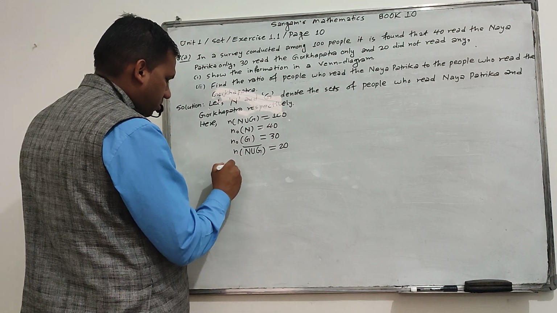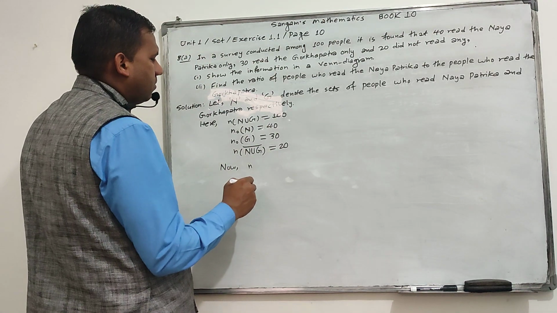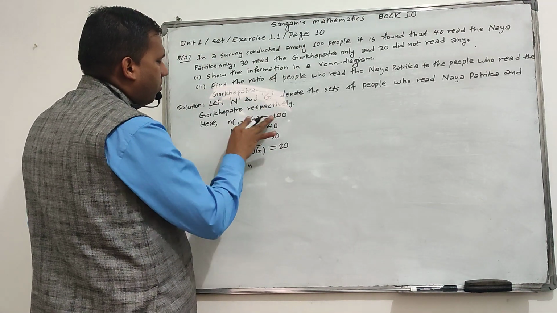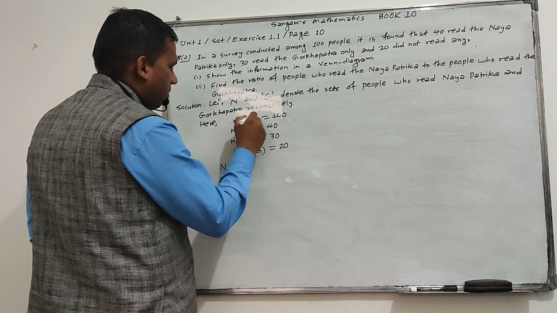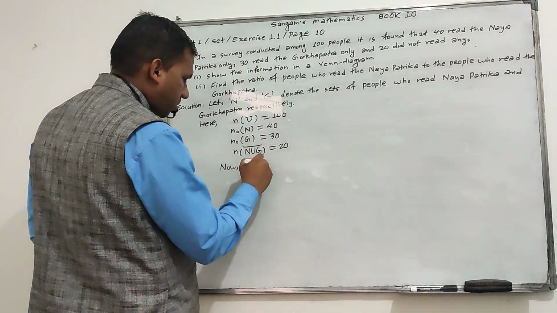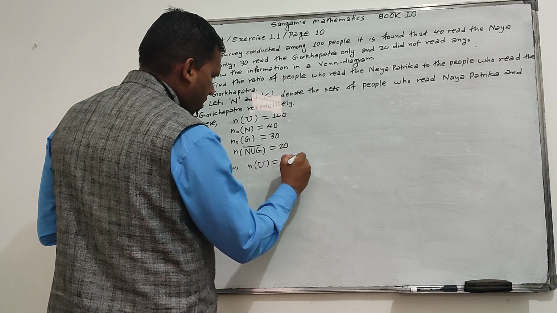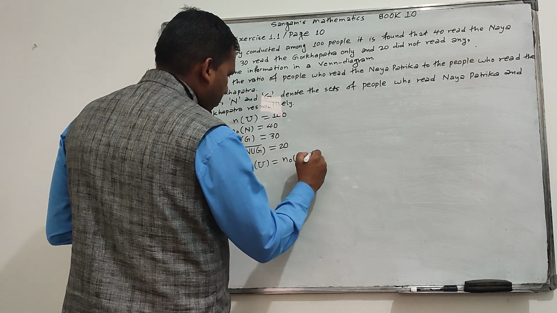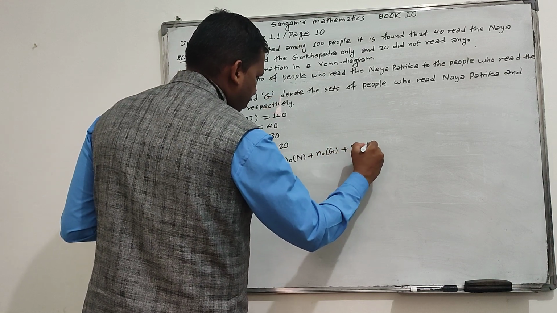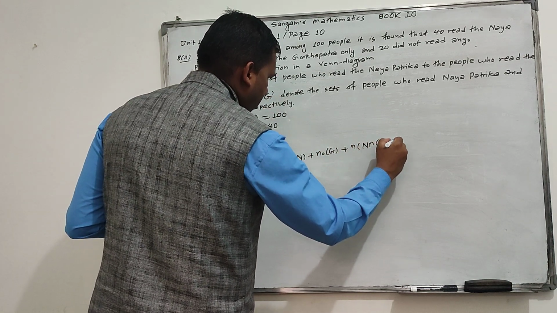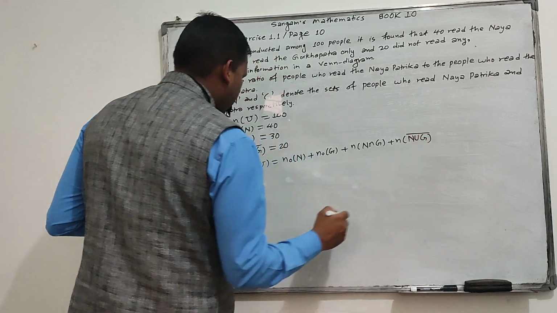Now using the formula, number of U equals 100. So using the formula, n(U) equals n naught N plus n naught G plus number of N intersection G plus number of N union G whole complement.